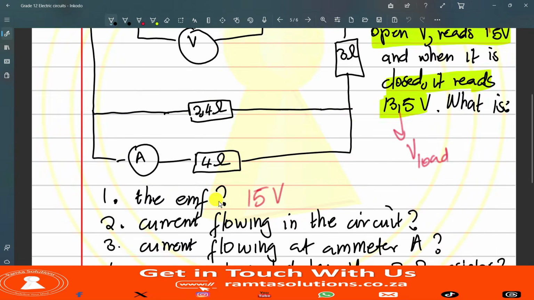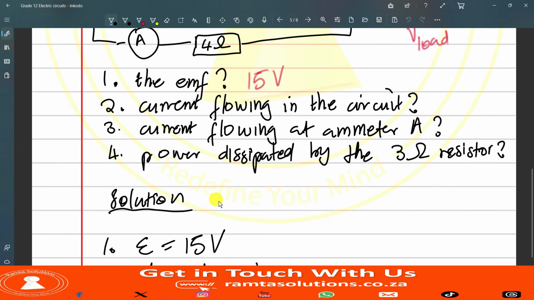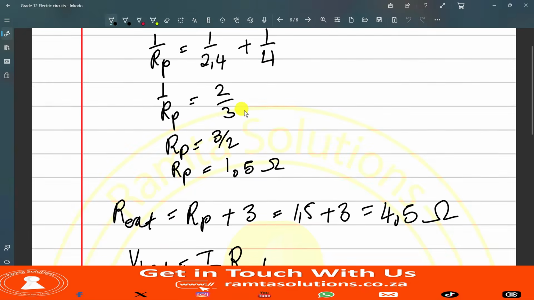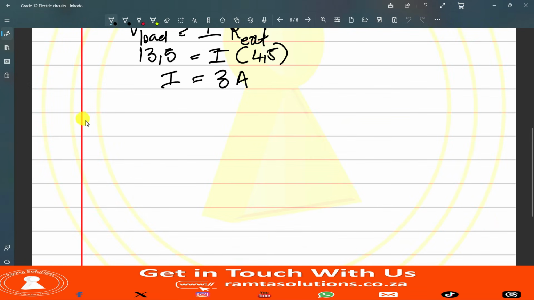All right. The next question, 3, was the current flowing at ammeter A. So ammeter A is on the parallel combination, right? We know that voltage on the 2.4 resistor and on this 4 ohm resistor is the same, right? So let me show you.